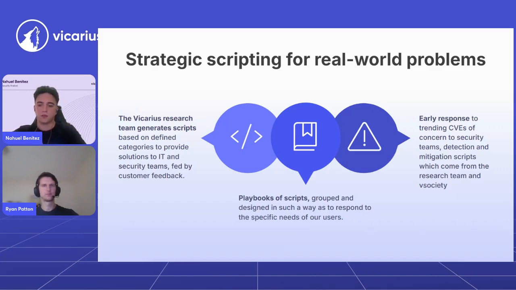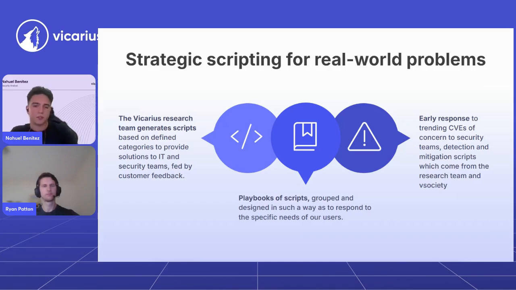Let's say you want an example. We say audit hardware. So you select the audit hardware ads strategy, and you will have your set of scripts that will handle this playbook. And I think the most important thing here is that, as you said at the beginning of the session, most of the teams don't have a dedicated research team to develop their scripts, their playbooks.